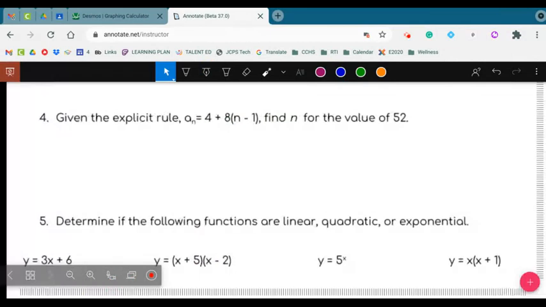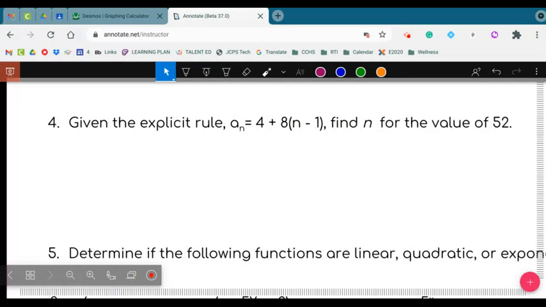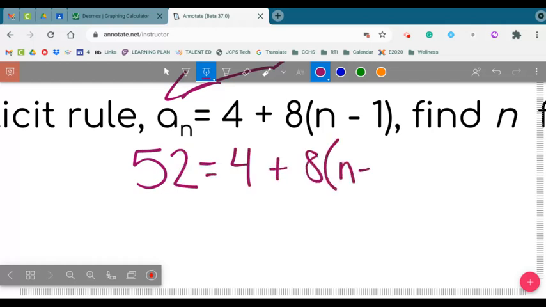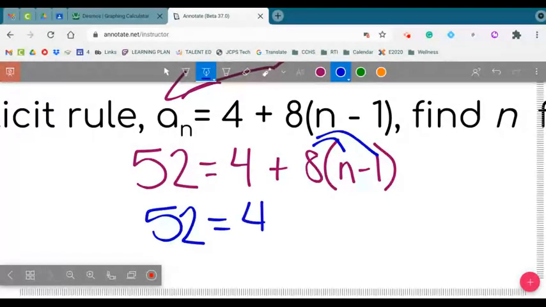Okay, next page, it says, given the explicit rule, find the value for n for the value of 52. So this is where I take my 52, and I have to plug it in for a sub n. So I'm going to have 52 equals 4 plus 8 times n minus 1. So I'm going to distribute. 52 stays there. I get 8n minus 8.